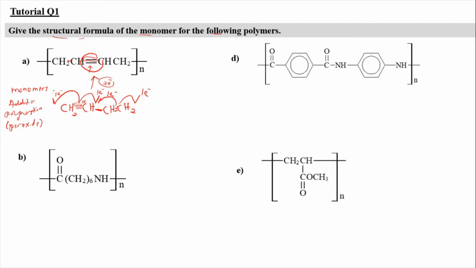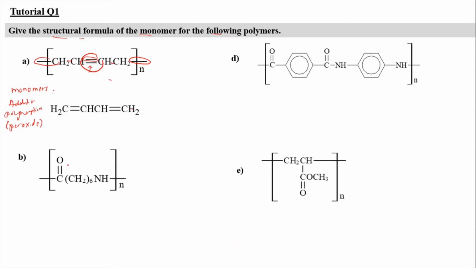And then this is going to be a single bond because it's going to break, and the other electron is used to make a bond with the next monomer. The same goes for this side. So the answer here is as shown in the structure, CH2 double bond CH, CH, CH2. So this is the monomer for the reaction.